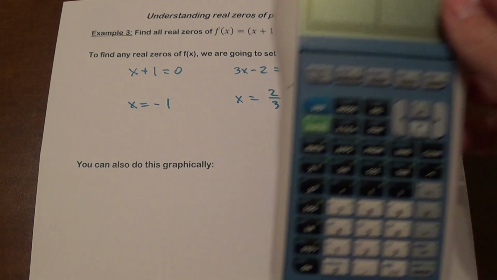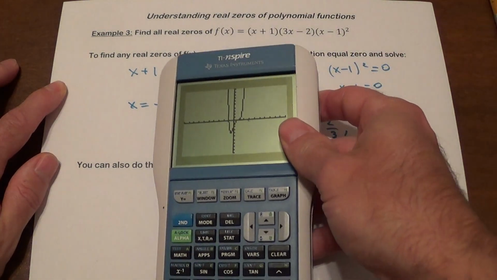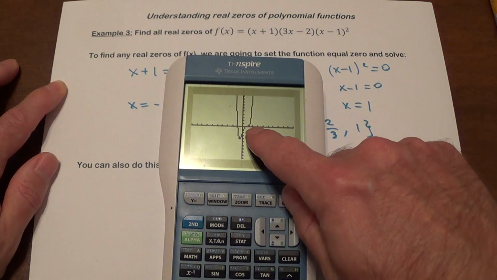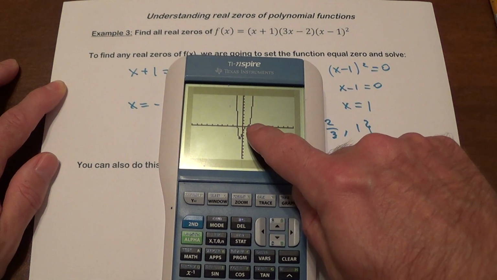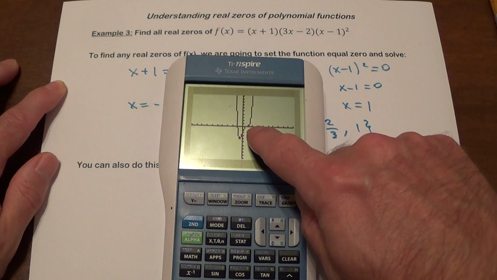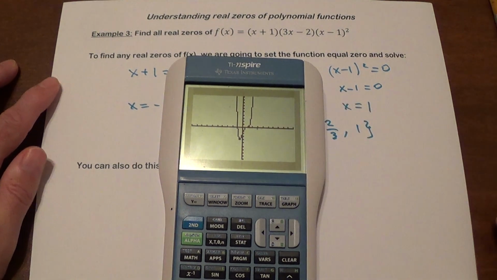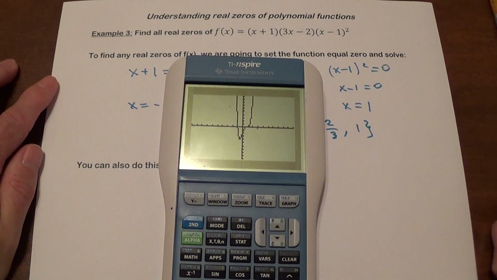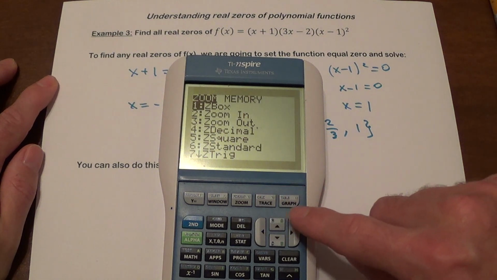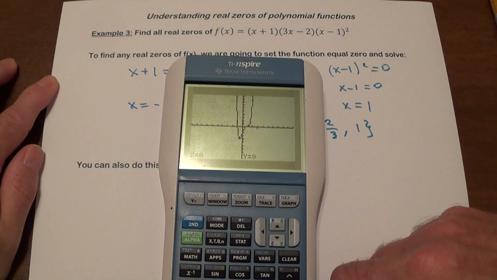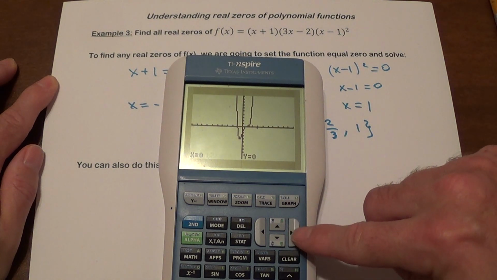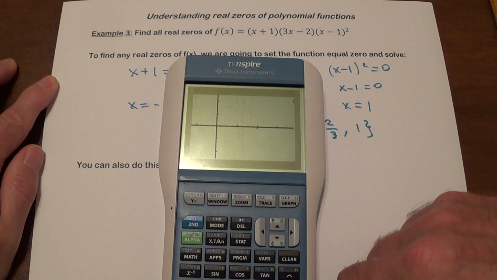If you look at this graph, you don't really see it crossing the x-axis 3 times. Over here, you're going to see 2 intersections. Whenever you see points like this where you can't clearly tell, you always want to zoom in near that point and press enter.